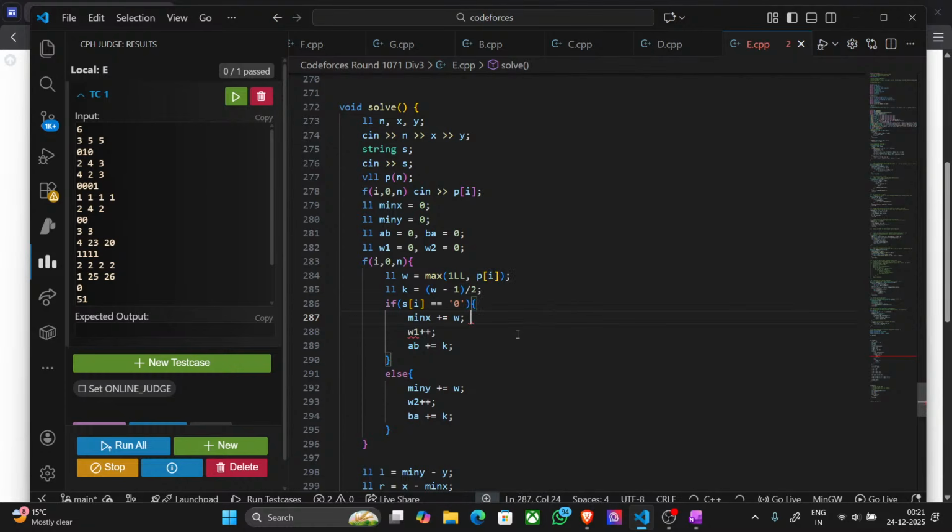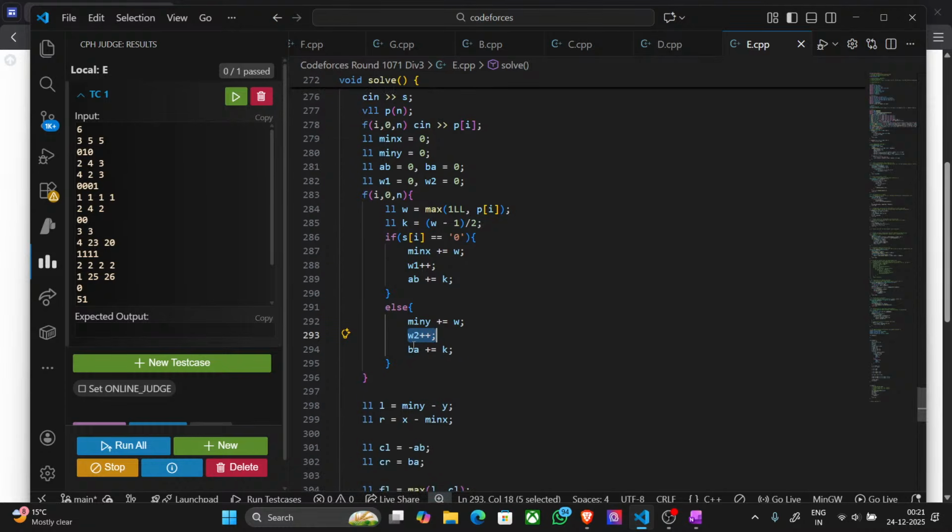Then I have increased the win count for a, and when a is greater than b, I have added k in this. Same goes for b, the minimum y added with the p0. Then I have incremented the wins for b, and where b is greater than a, I have added the k again.